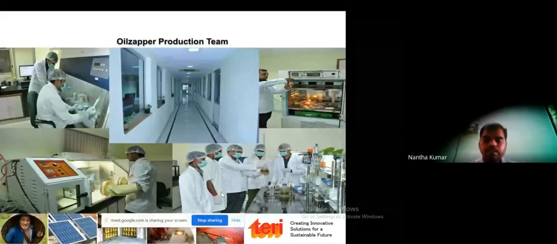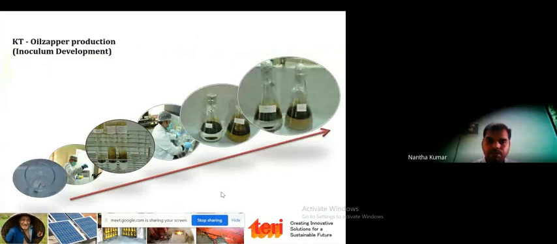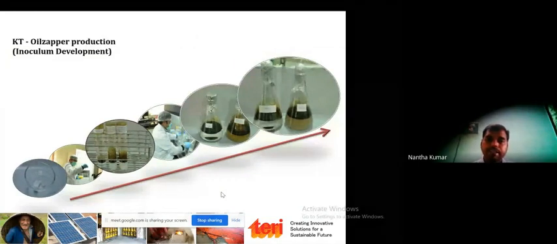Here you can see it in laboratory conditions, and it is produced again. Whatever bacteria initially show very efficient degradation capacity are selected and cultivated from tube to large scale level.